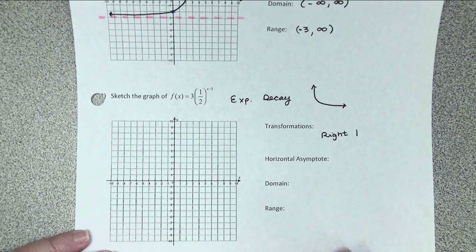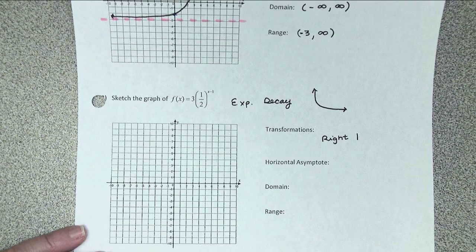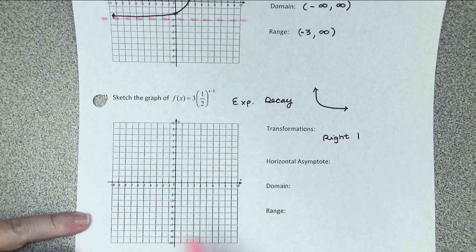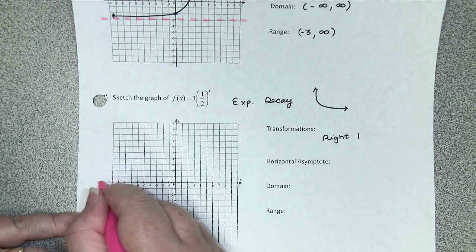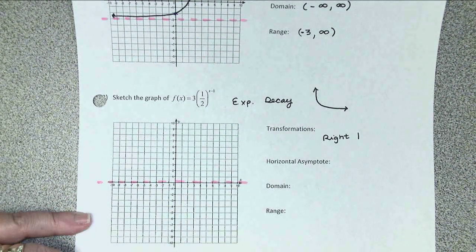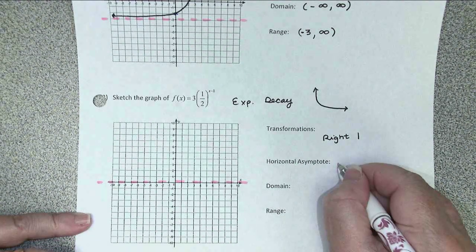The horizontal asymptote doesn't change with a left or right shift. If the x-axis was the original horizontal asymptote, moving the x-axis left or right doesn't change that. So my horizontal asymptote is still going to be the x-axis, or y equals 0.